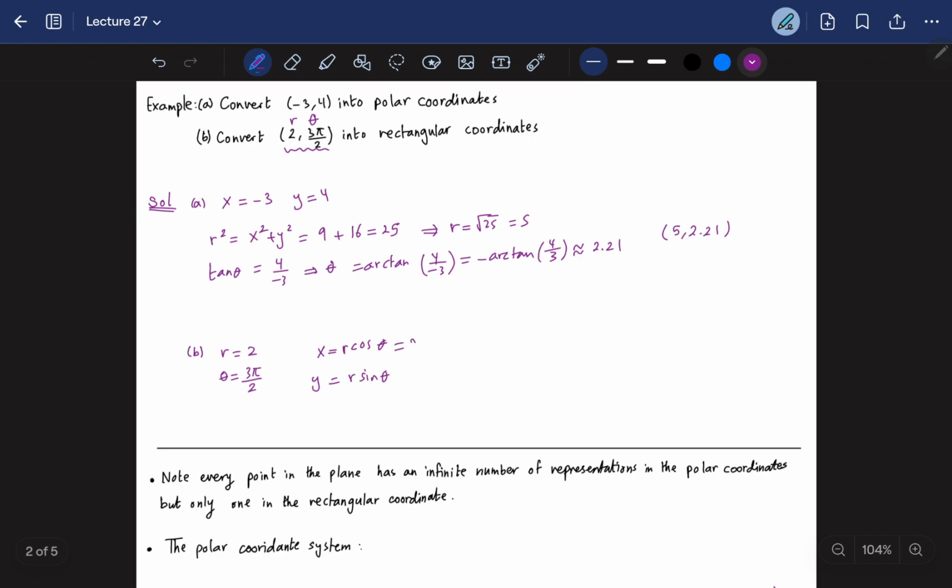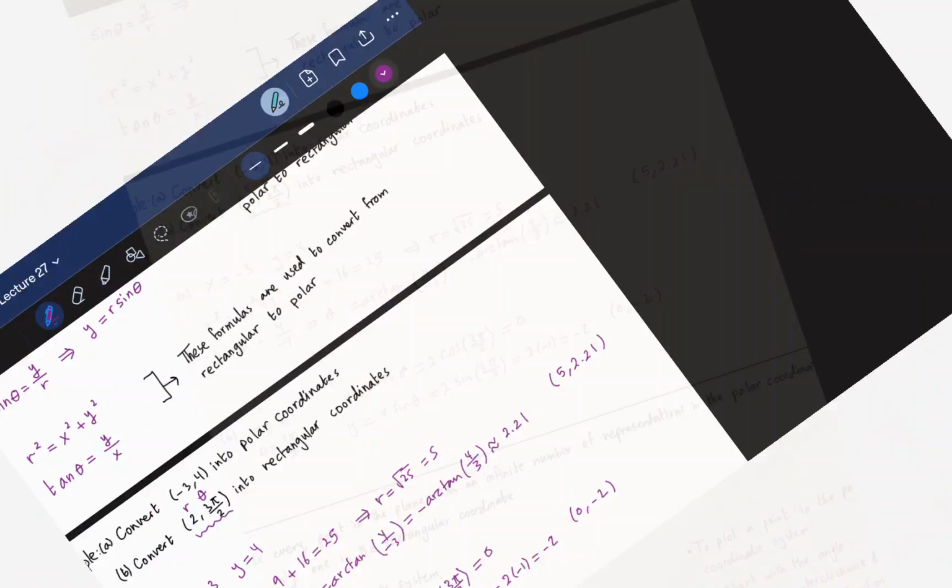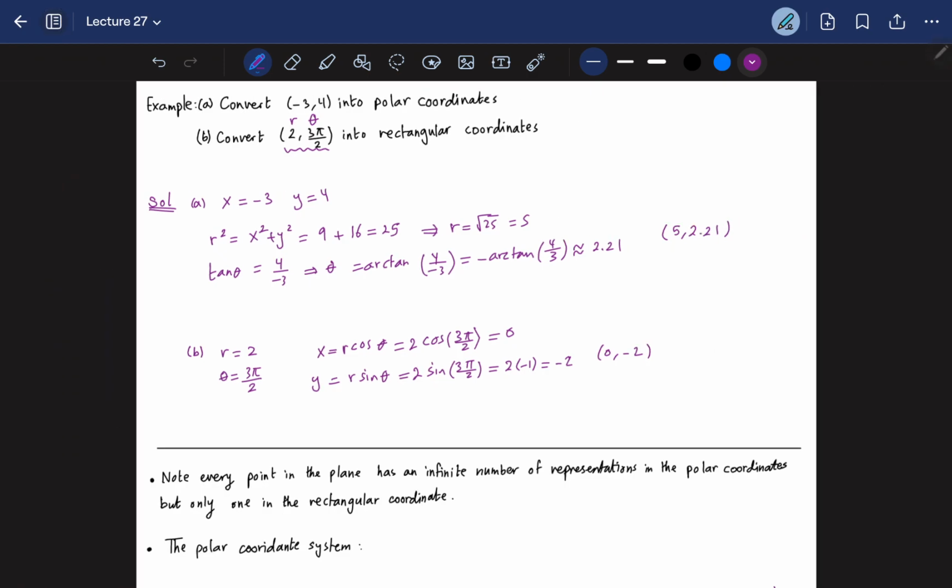So if you just substitute the values, now cosine 3 pi over 2 is 0, so x is 0. Then we have 2 sine 3 pi over 2, which is negative 1. So 2 times negative 1 is negative 2. So the point is 0, negative 2. So it's really easy. You just use the formulas that you have and convert.